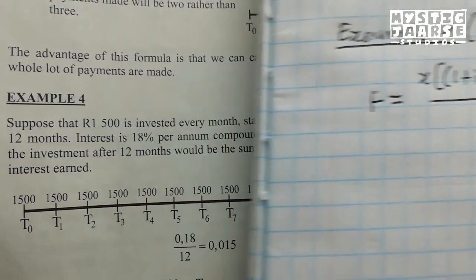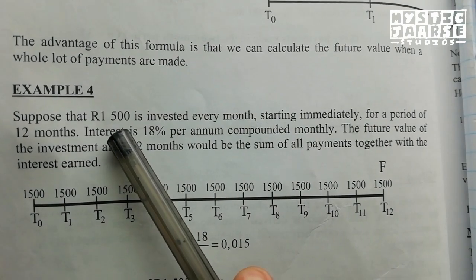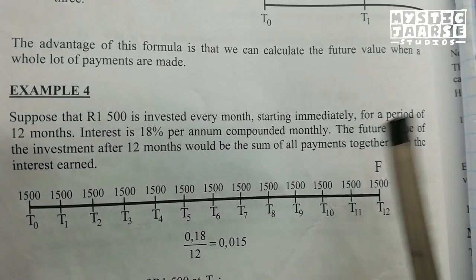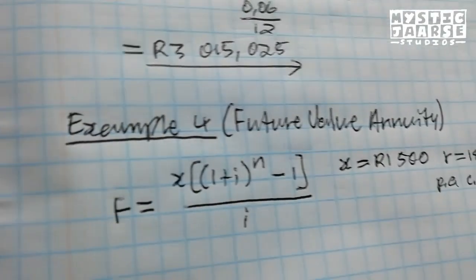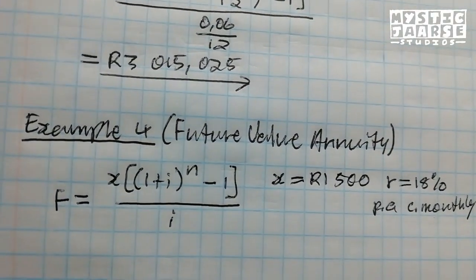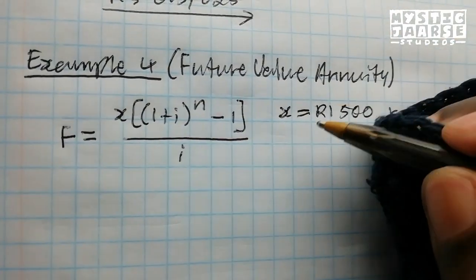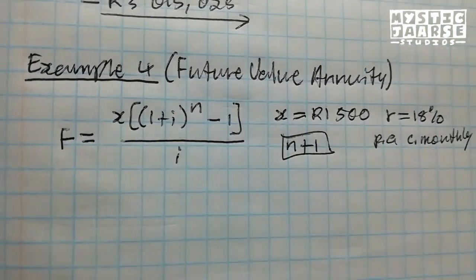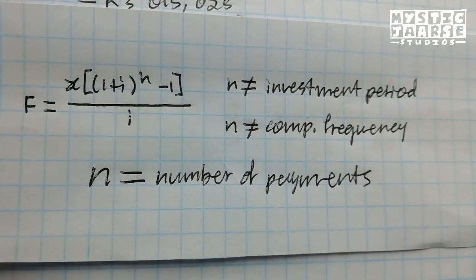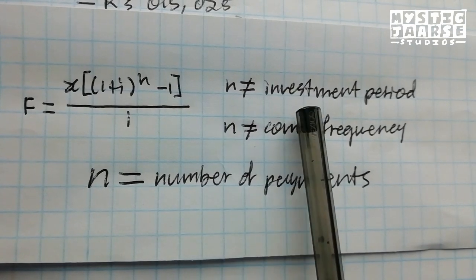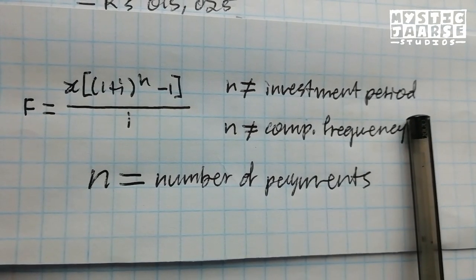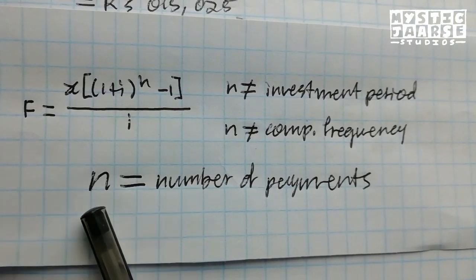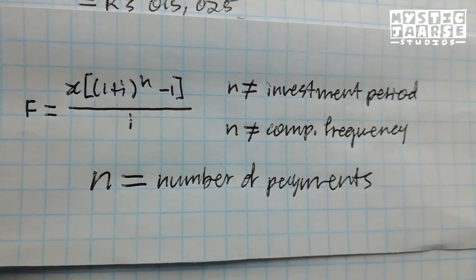Now we need to be careful here. They said the 1,500 rands is invested every month starting immediately. So our n here, which is the number of payments made, is added by 1. So we say n plus 1, because remember, n here is not equal to the investment period, right? And n is not equal to the compounding frequency, but n is equal to number of payments made.